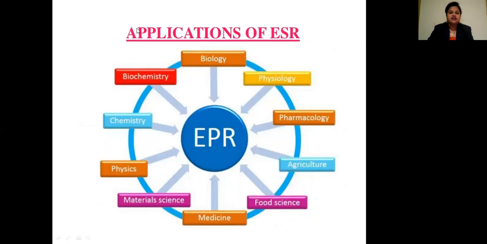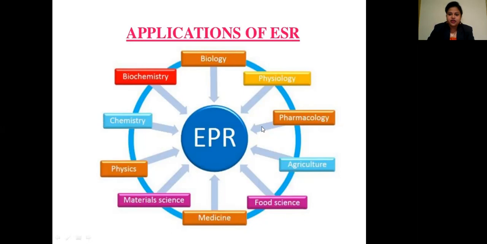Next important part is the applications of the ESR spectroscopy. Now, ESR spectroscopy is also known as the EPR spectroscopy. This ESR or EPR spectroscopy is highly applicable in the field of biology. Also, it is applicable in the field of psychology.